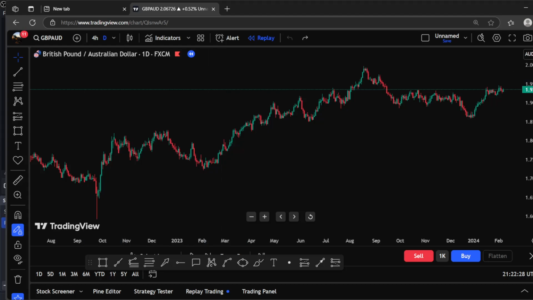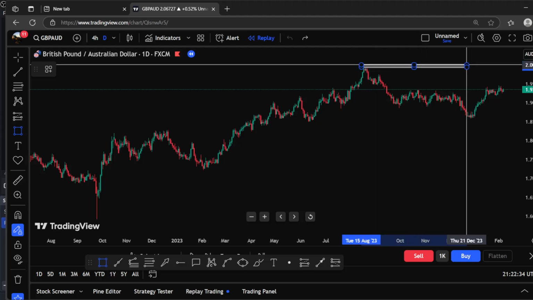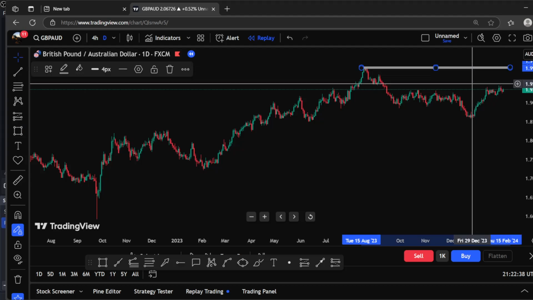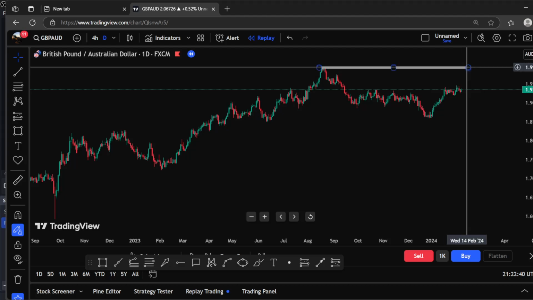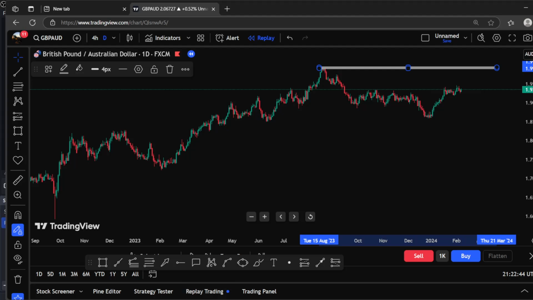Okay, so I'm on replay mode. What I'll do is draw this horizontal line right there and leave it as so, just to guide us. All right, so I'll just use the replay mode.